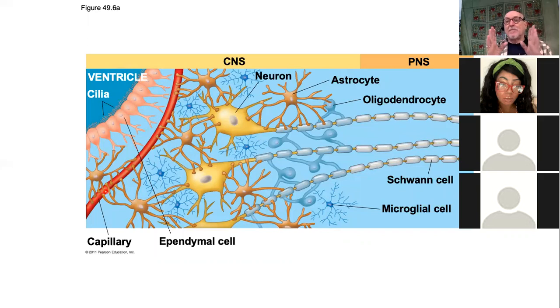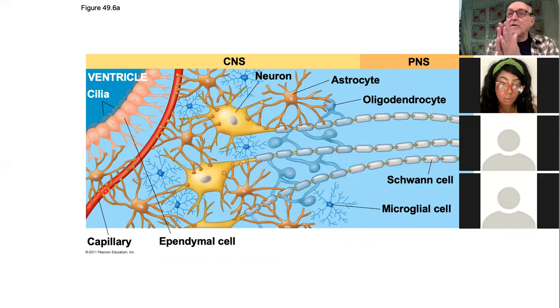And they induce the cells of the blood vessels to develop what's called tight junctions. The boundaries between the cells are very tightly bound with specialized proteins that stop any leakage of material between cells.